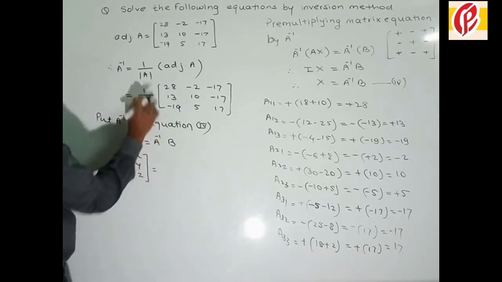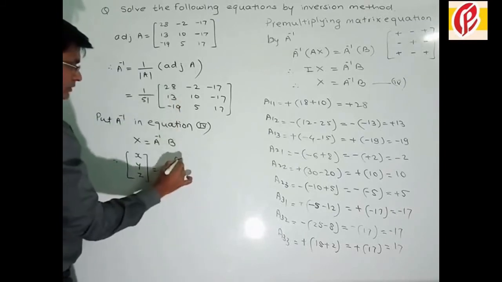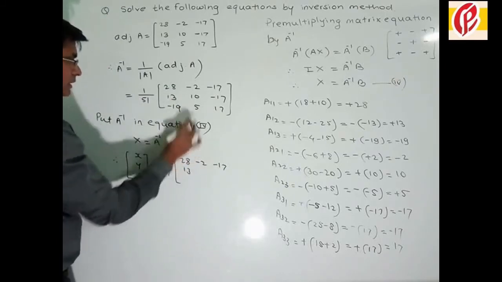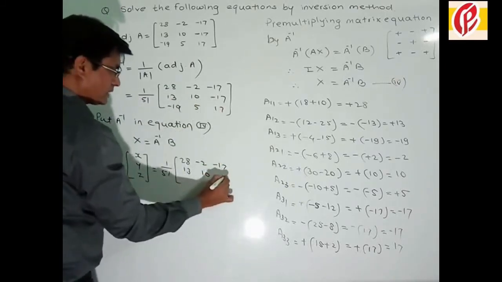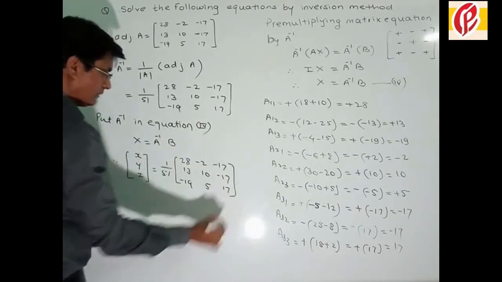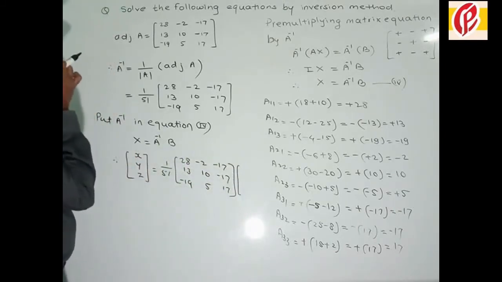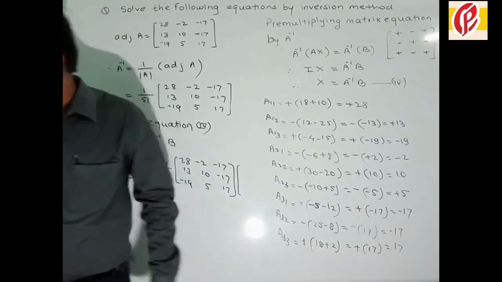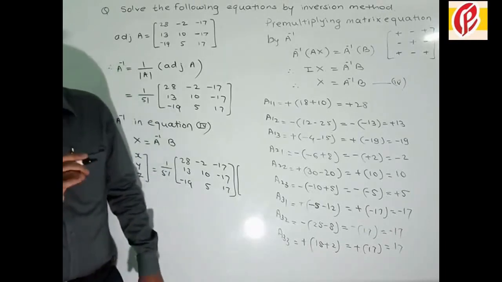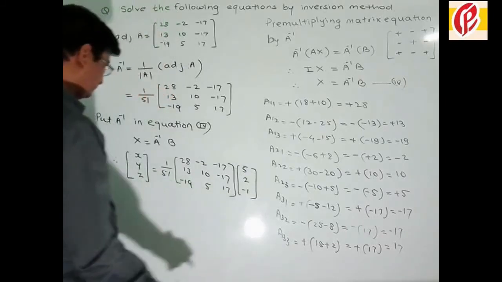And A inverse is 1 upon 51 into 28, minus 2, minus 17, then 13, 10, minus 17, then minus 19, 5 and 17 into B. B is the constant matrix, and constant matrix is 5, 2 and minus 1.